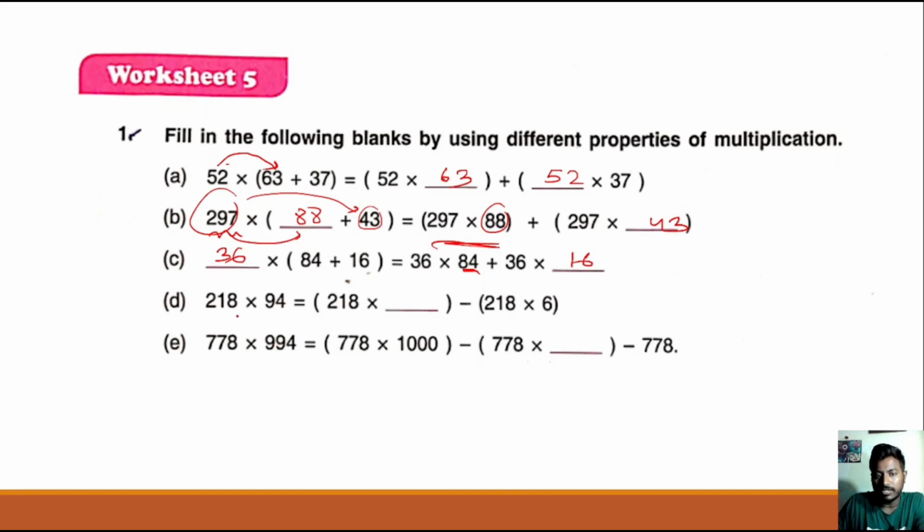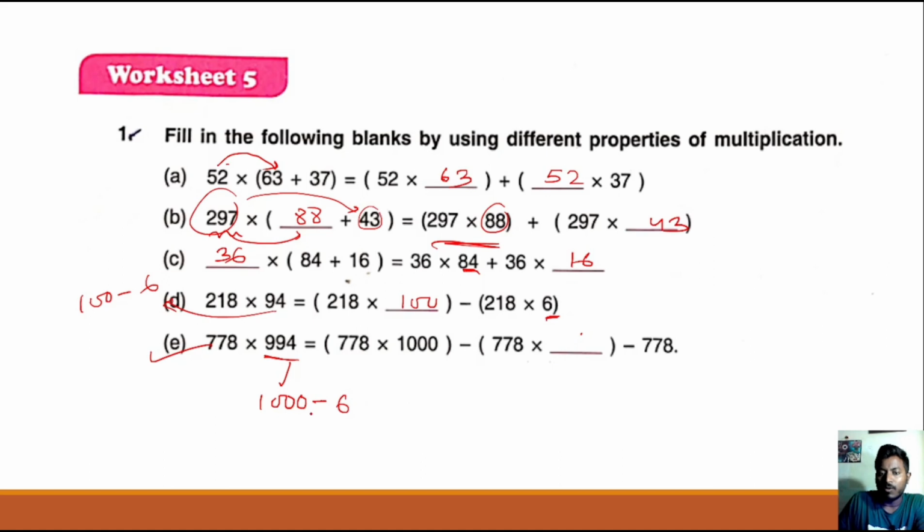Next D number, 218 into 94. We can write 94 as 100 minus 6. So here is 100, here is 6. Clear? Next E number, 994 we can write as 1000 minus 6. So here is 6.